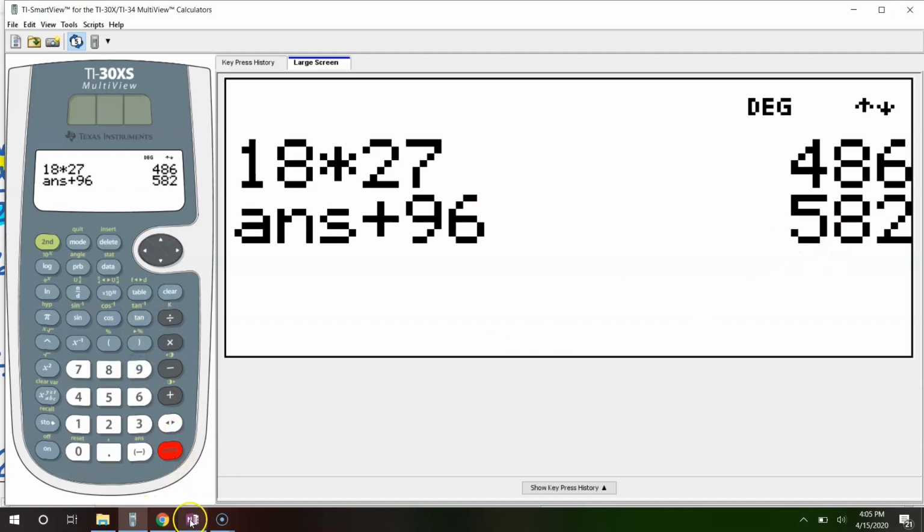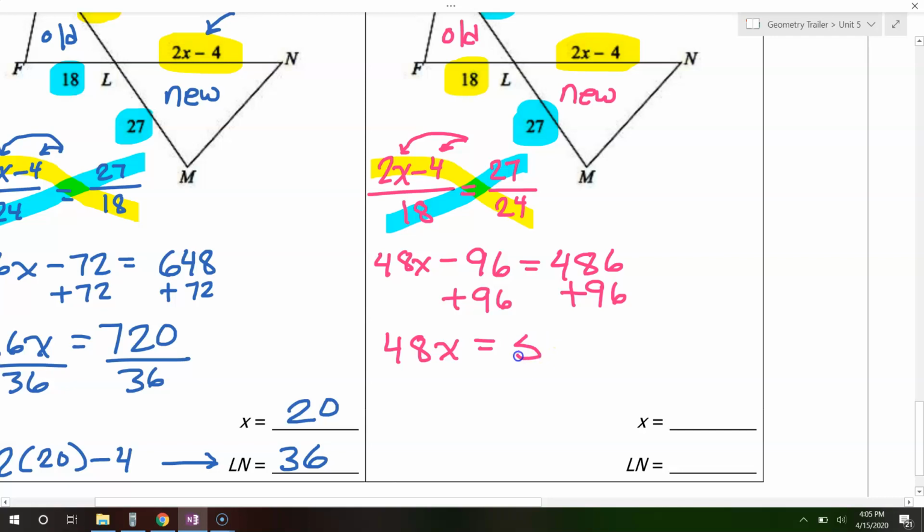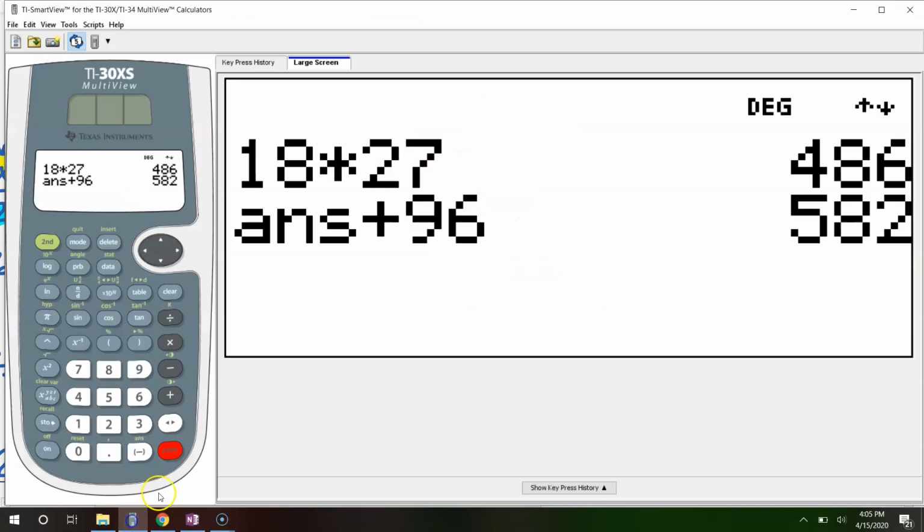That's 582. And finally, we will divide both sides by 48.